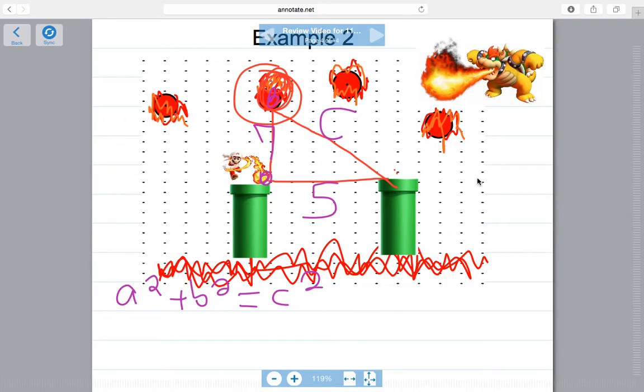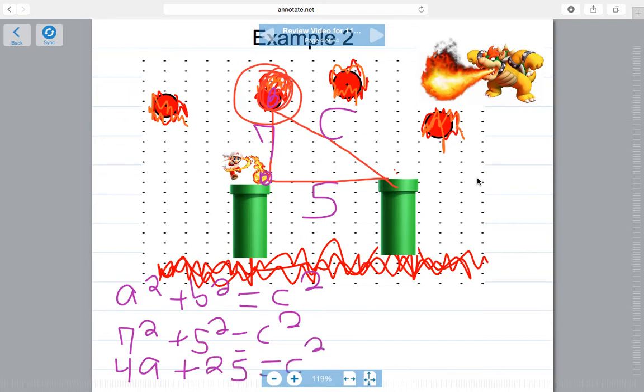A is 7, so 7 squared plus 5 squared equals c squared. 7 squared is 49 plus 25 equals c squared. 49 plus 25 is 74.